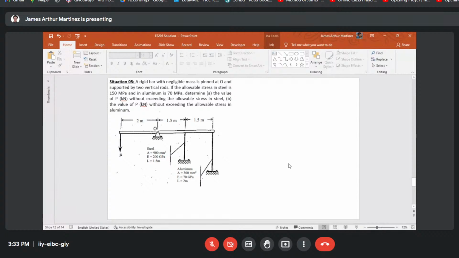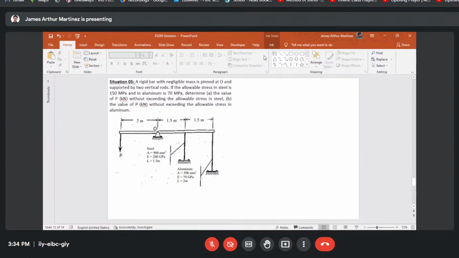If the allowable stress in steel is 150 megapascal and in aluminum is 70 megapascal, determine the value of P in terms of kilonewton without exceeding the allowable stress in steel only, regardless of the internal reaction of bronze. For part B, the value of P in kilonewton without exceeding the allowable stress in aluminum, without considering the allowable stress in steel. So parts A and B are swapped. Okay.